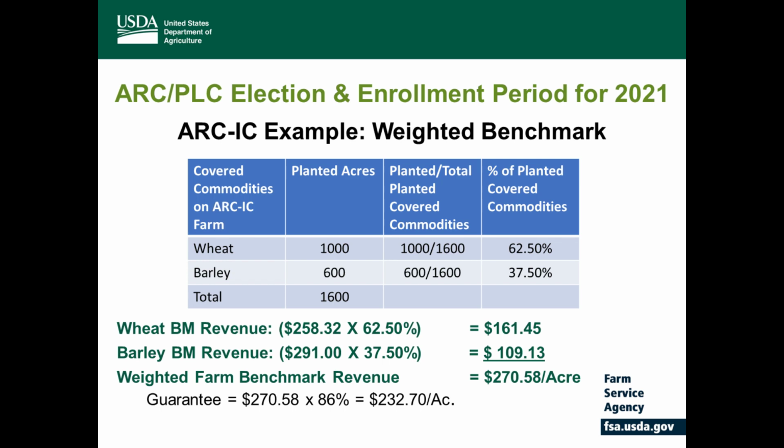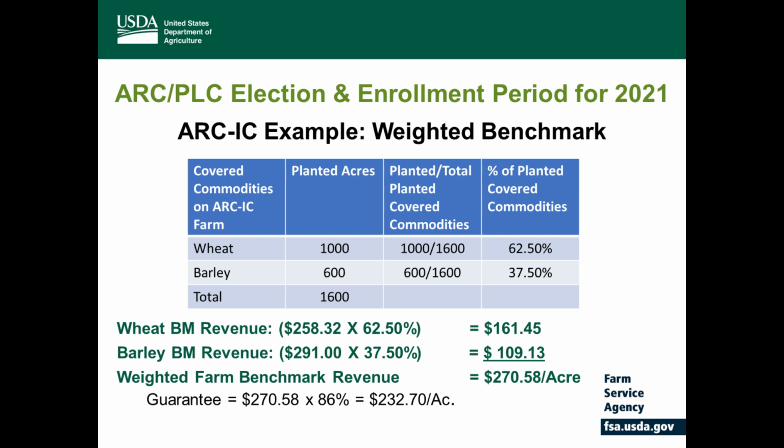This next slide is just a very high-level example of how we look at a weighted benchmark. There's only 2 crops on this farm, wheat and barley. Our planted acres, 1,000 acres of wheat, 600 acres of barley. We need to drill down to the percentage of planted covered commodities on the farm.